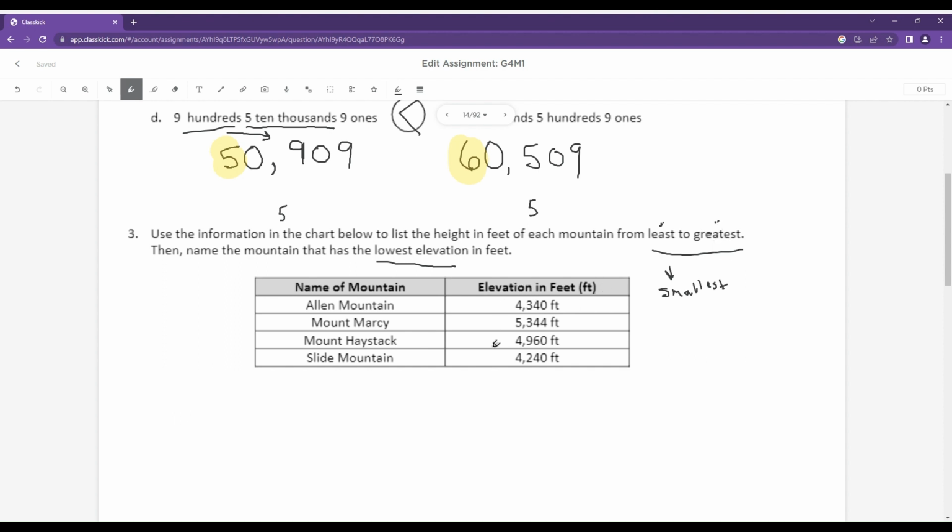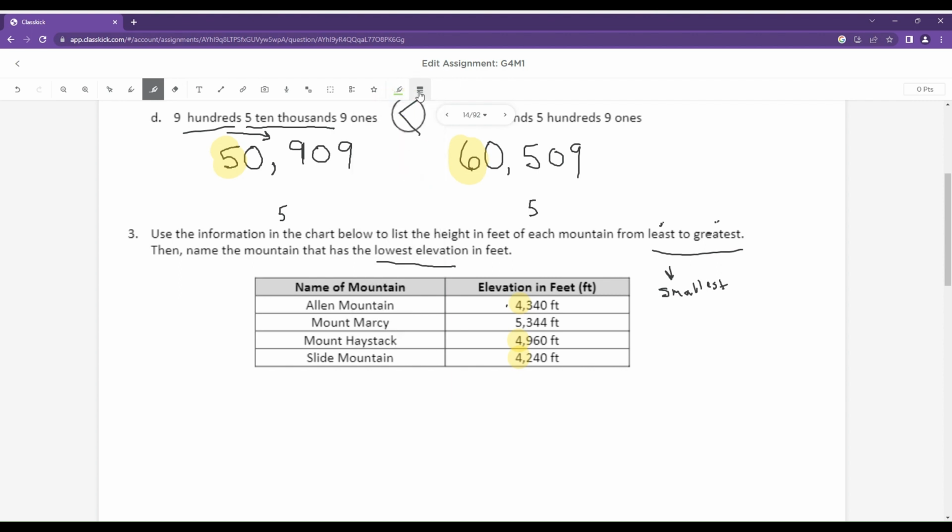In each of these, each of these mountains have at least thousands in their elevation in feet. So this one has 4,340 feet, 5,344 feet, 4,960 feet, 4,240 feet. I notice off the bat that these 3 have at least a 4 in the thousands place.